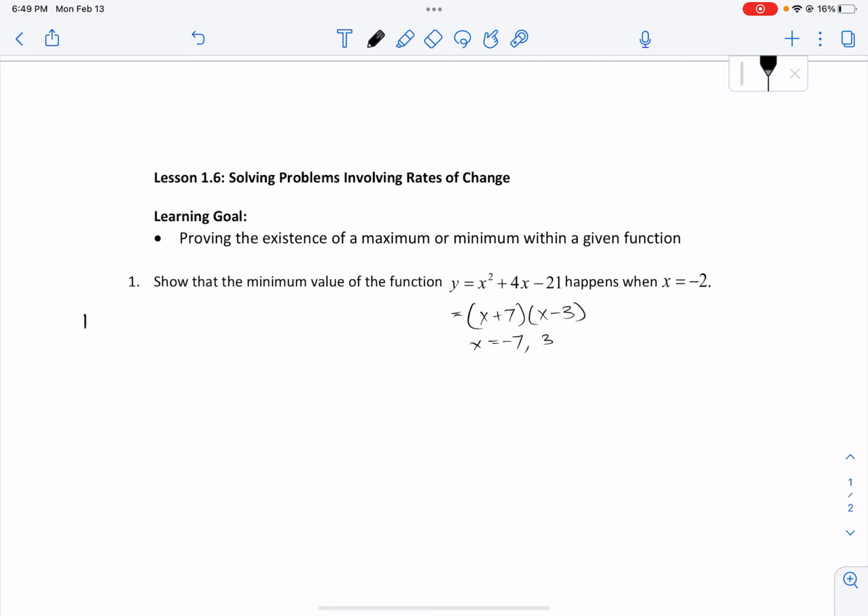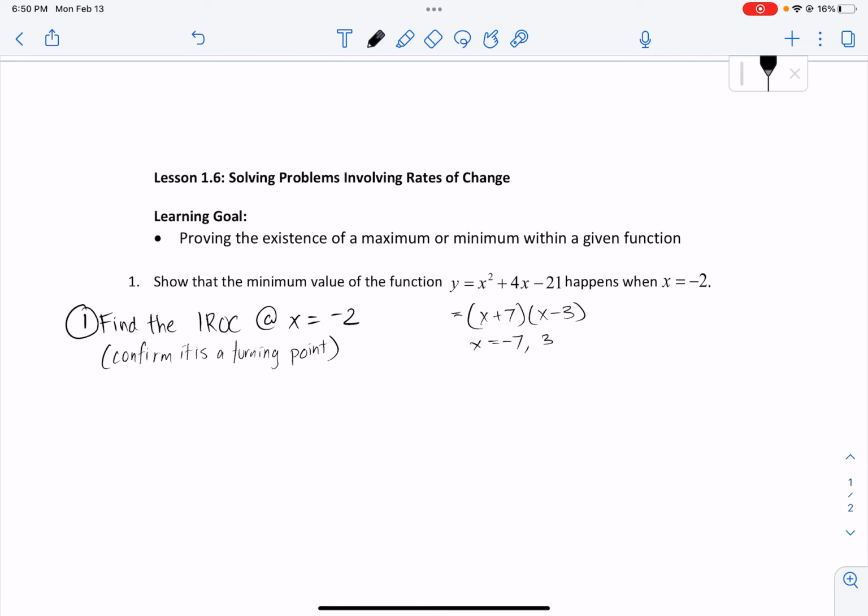So our first step is to find the instantaneous rate of change at x equals negative 2. We're doing this to confirm it is a turning point. This is an important first step because we need to ensure that the instantaneous rate of change is 0 here to make sure it actually is a turning point.